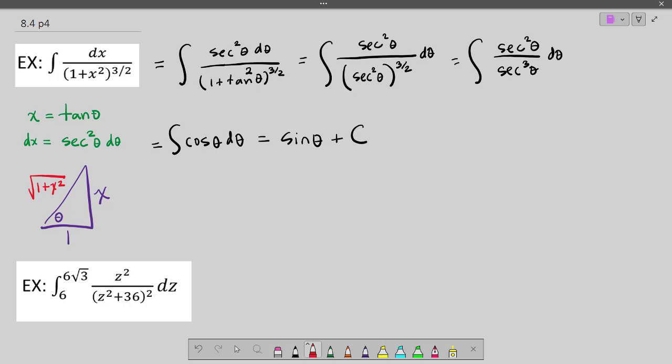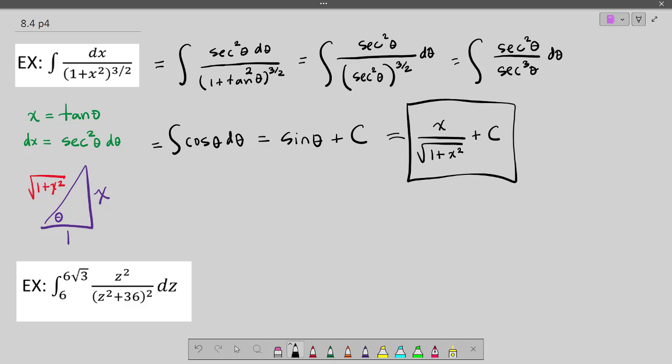And so from our magic triangle, what is sine of theta? x over the square root of 1 plus x squared. So we're just doing opposite over hypotenuse from that triangle. And that is about as easy a trig sub as you can ever imagine. Not that tangents are always easy, but that one worked out pretty well.